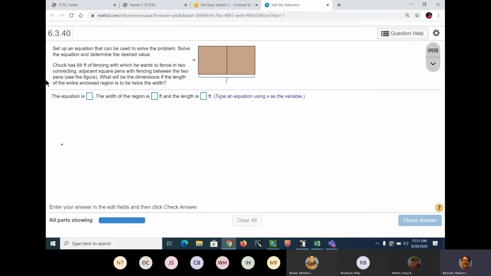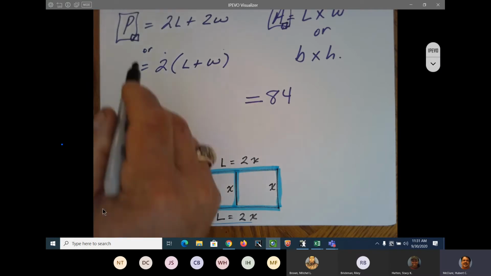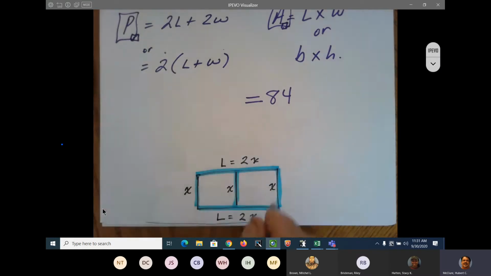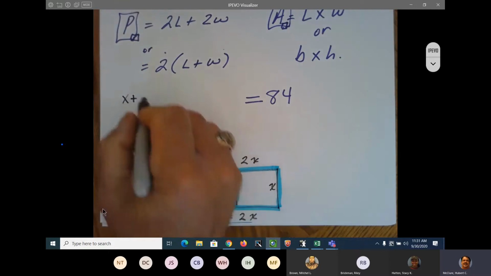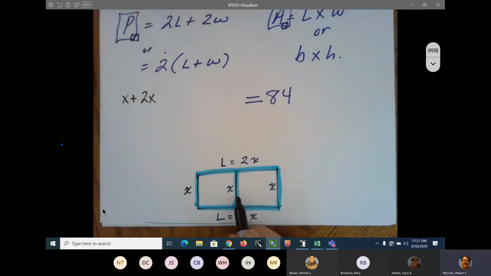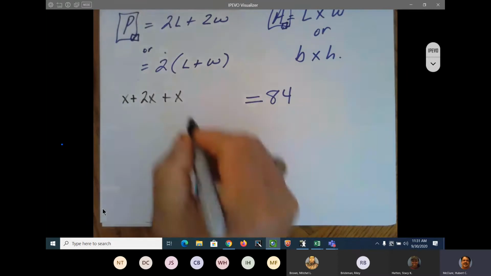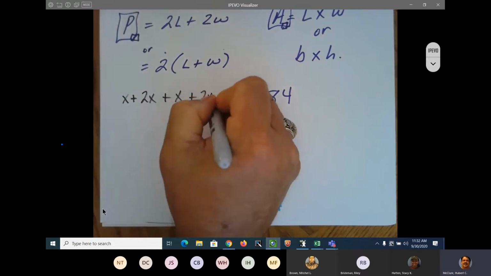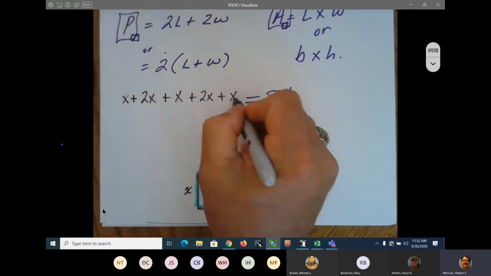So that means we need to do a perimeter of the blue area. So the perimeter is going to be x plus 2x plus x plus 2x. And then we've got an extra what? An extra x.